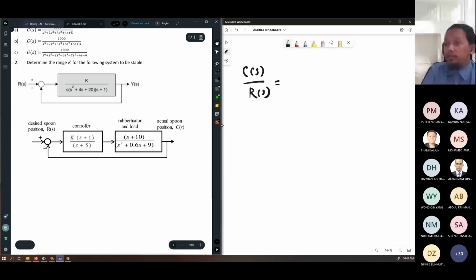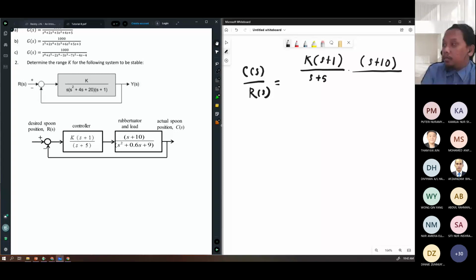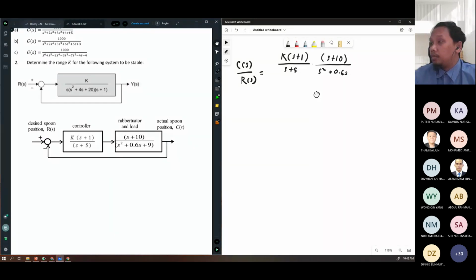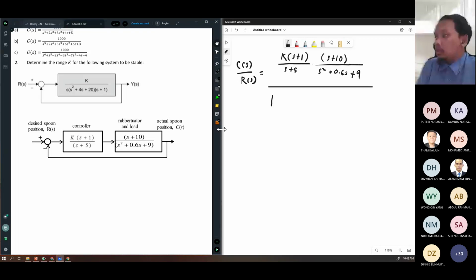So we multiply this cascade. This is negative, so you divide by 1 plus.